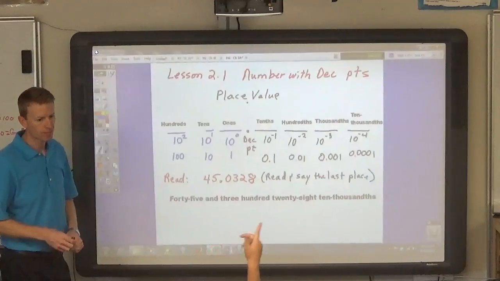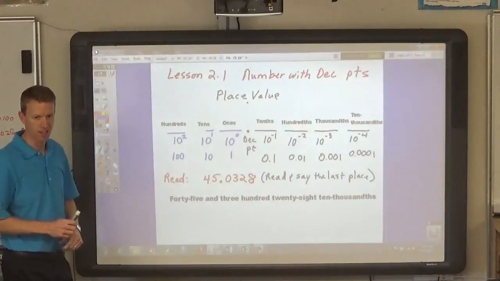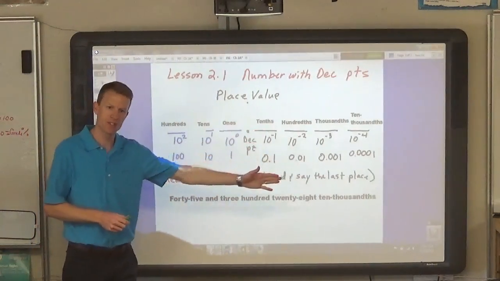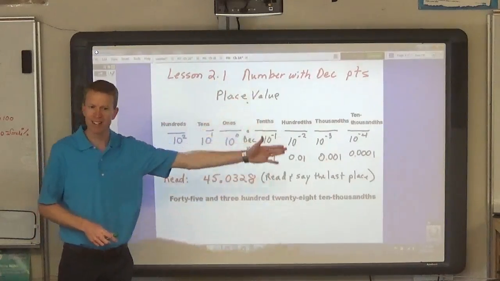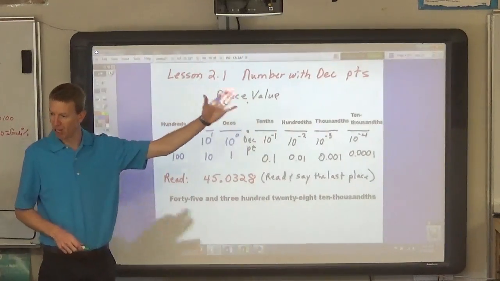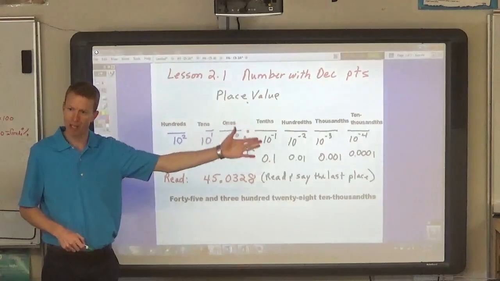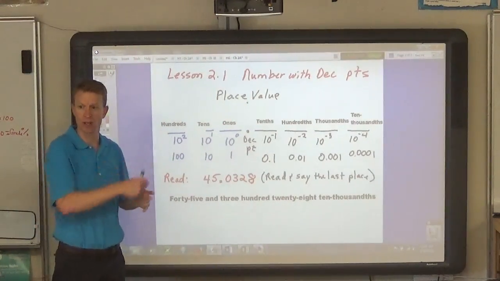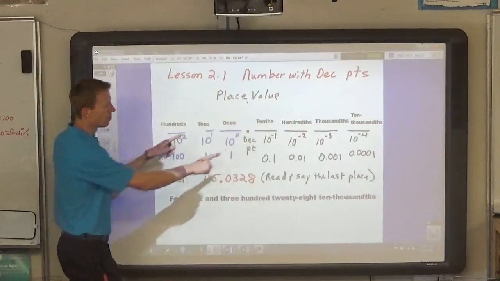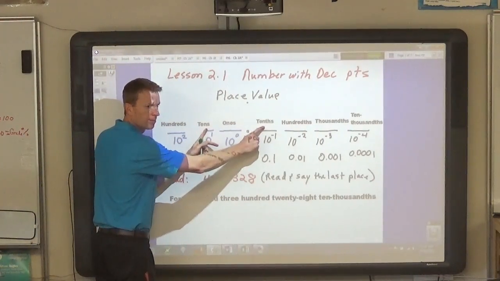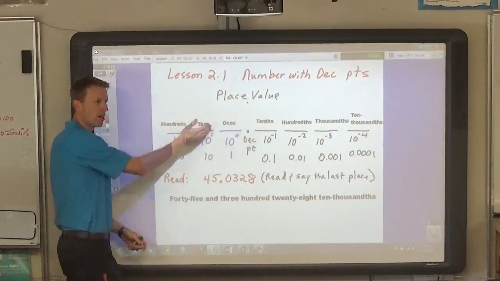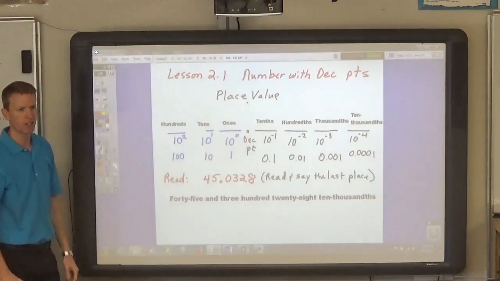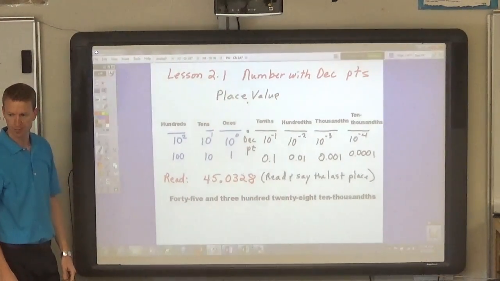Aiden? Millions. Millions, yes. And then 10 millionths, and then 100 millionths, and then billions, 10 billionths, 100 billionths, and so on, and so on. And it mirrors the other numbers, doesn't it? It mirrors the powers of 10 that are to the left of the decimal place.